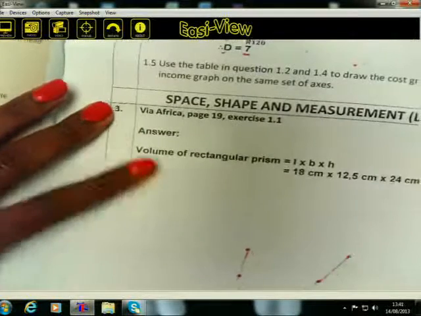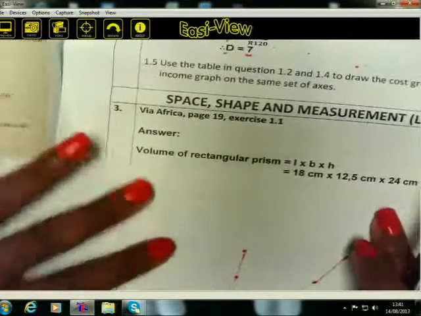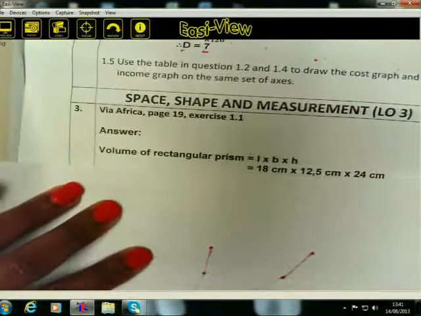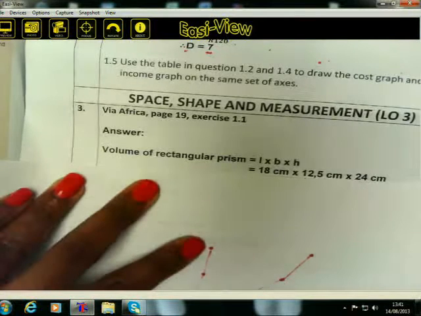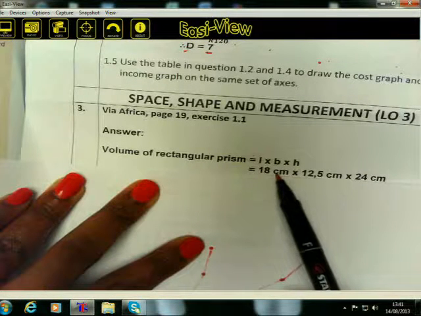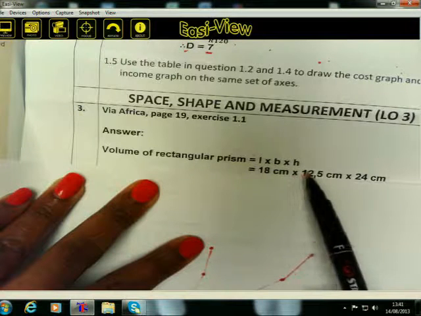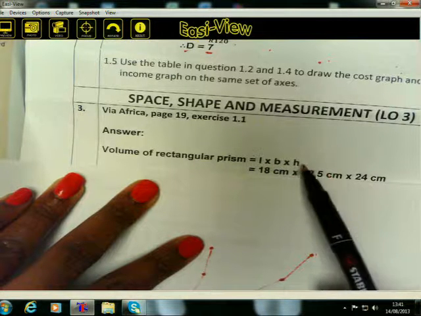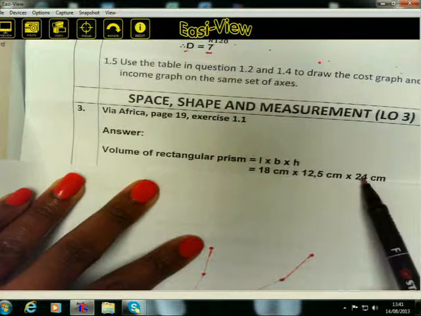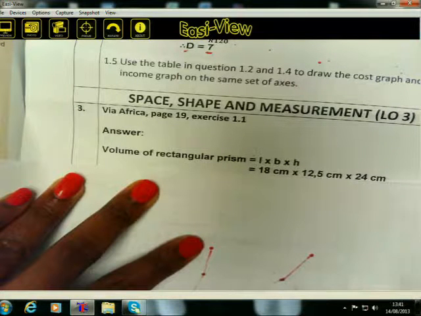Going back to our formula. Okay. Remember I said the length is 18 centimeters multiplied by the breadth is 12,5 centimeters multiplied by the height is given as 24 centimeters. Now we have correctly substituted into the formula.